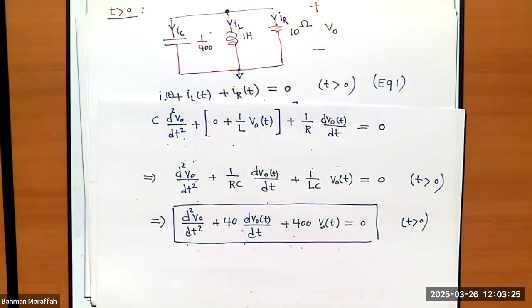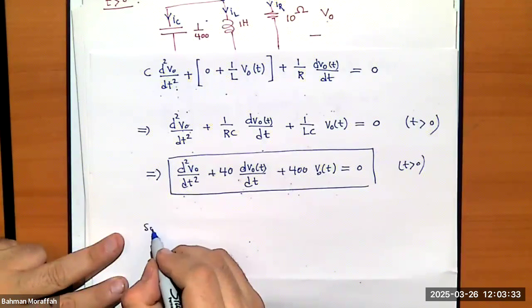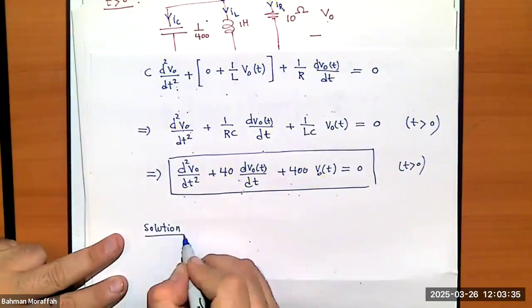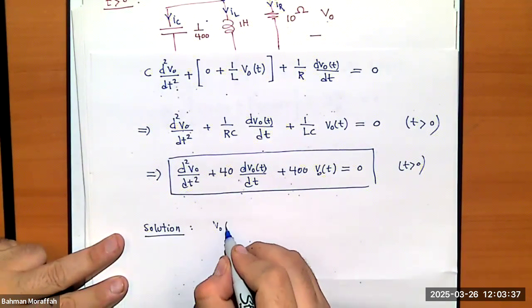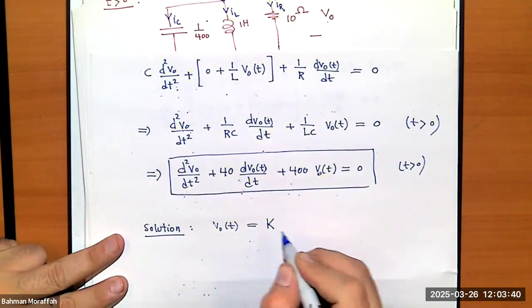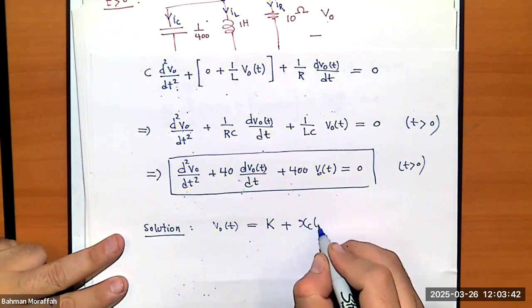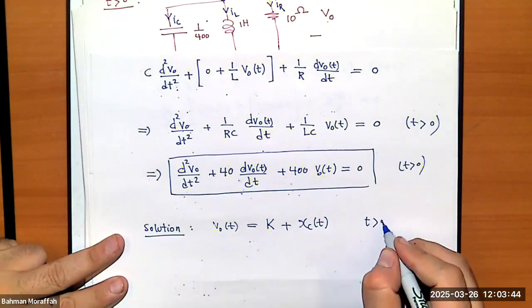How do I solve it? We're going to look at the characteristic function. What is the characteristic function here? Again, I know the solution for this is K plus x complementary of t for all time greater than 0.